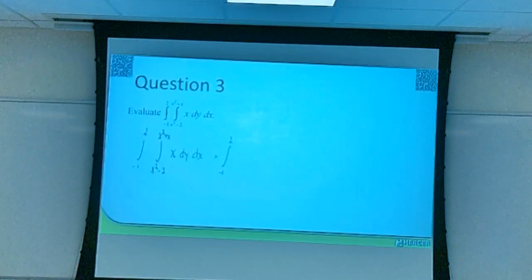I'm actually going to do this even simpler and say, since x is constant, it's just going to be x times the length of the interval. x squared minus x squared is 0. x minus negative 2.